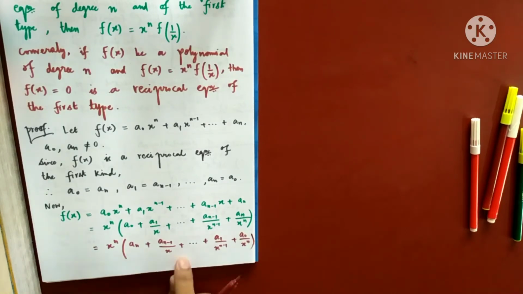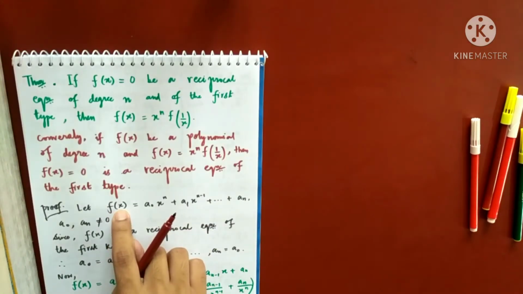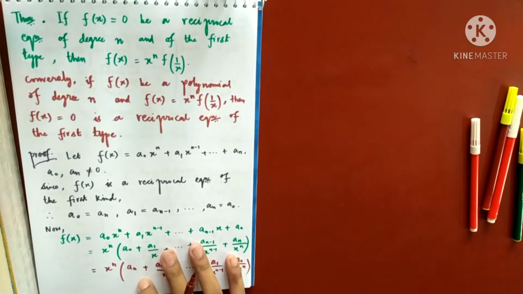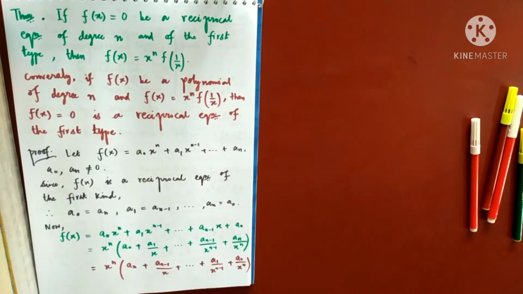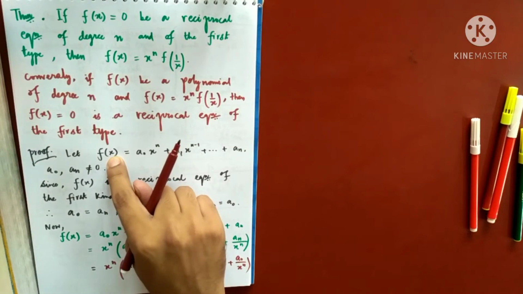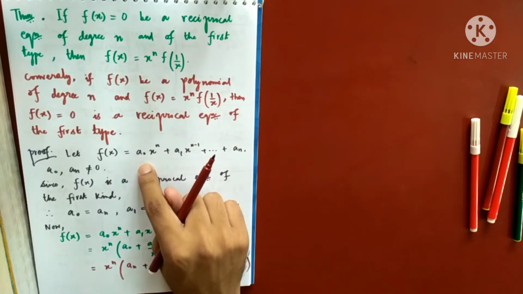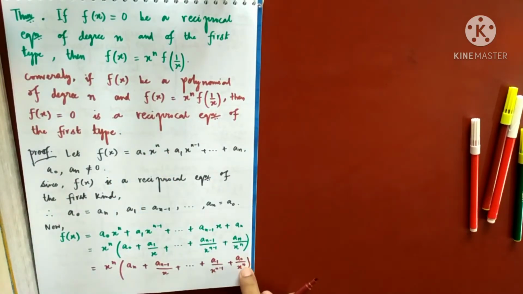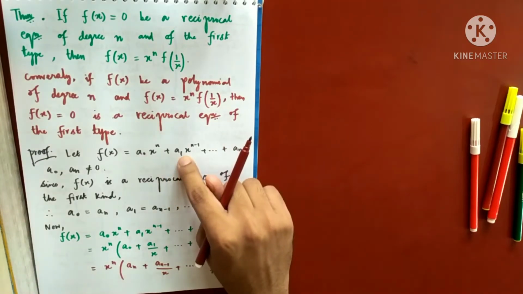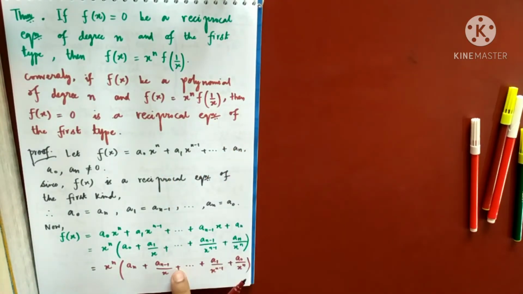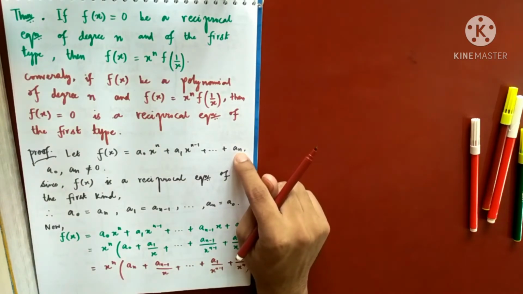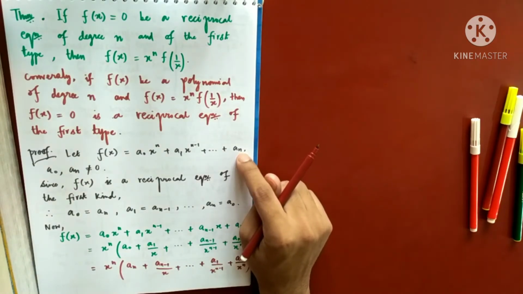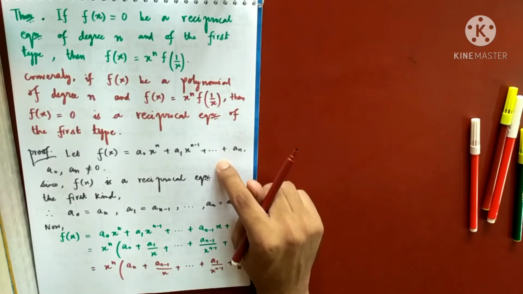And look at the inside part, because if I put here x equals to 1 by x, what will I remain with? If I write 1 by x in place of x, what will I remain with? a0 by x to the power n, which is already there, plus a1 by x to the power n minus 1 plus dot dot dot, the last one will be an, and the second last will be an minus 1 by x, because I am putting x as 1 by x.